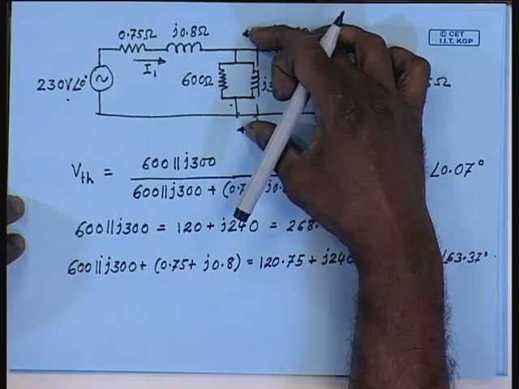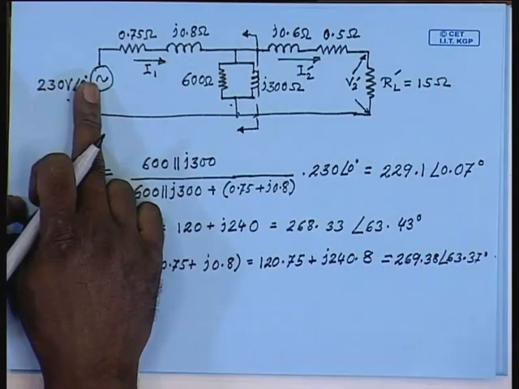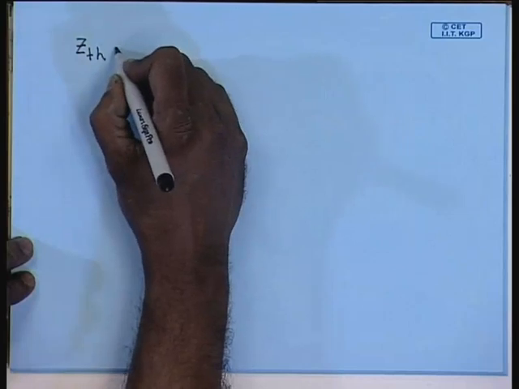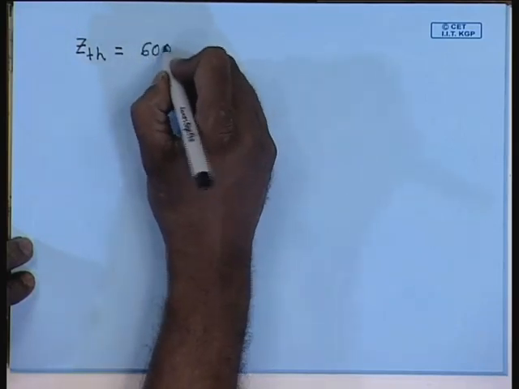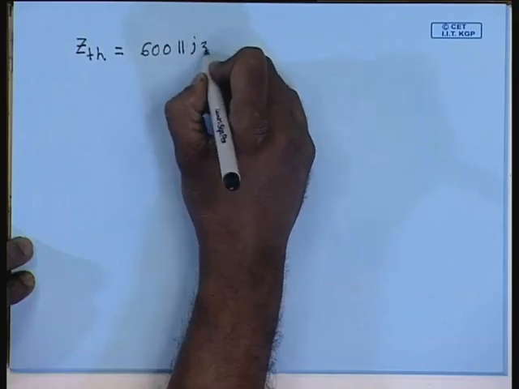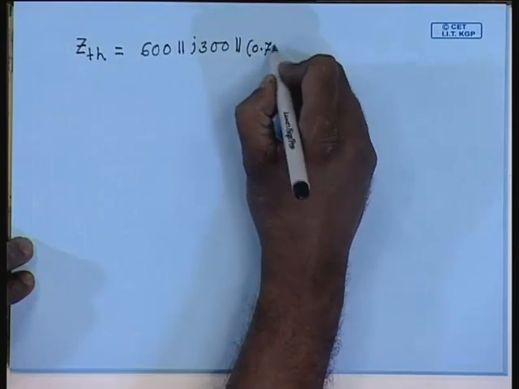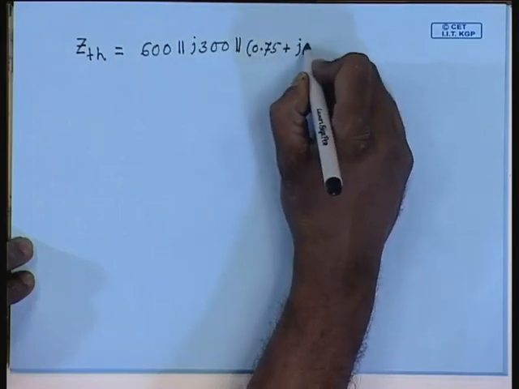So, what is ZTH? ZTH will be the equivalent impedance seen at this terminal when the input source is shorted. Therefore, ZTH is equal to 600 parallel j 300 parallel 0.75 plus j 0.8.